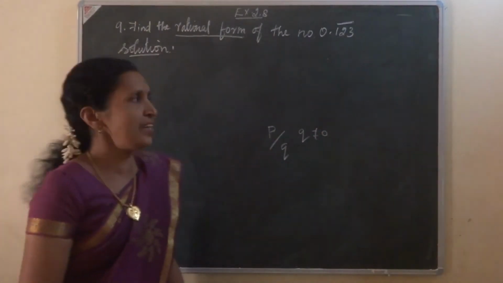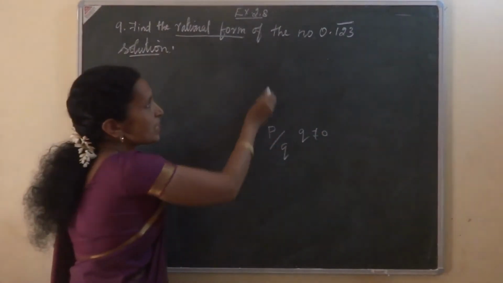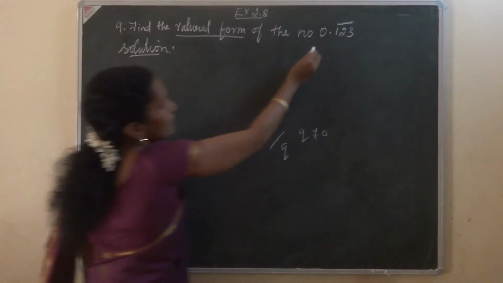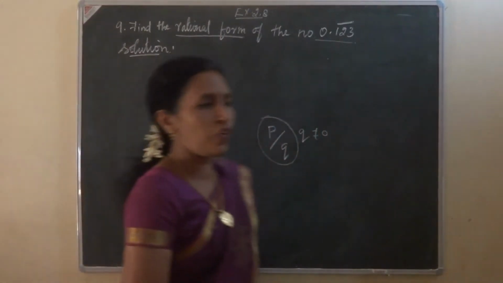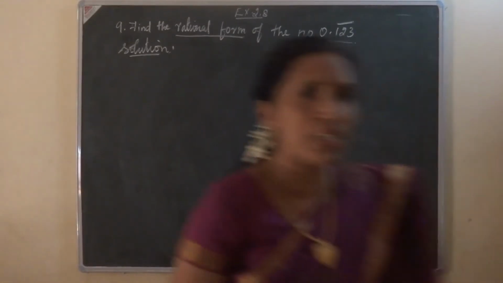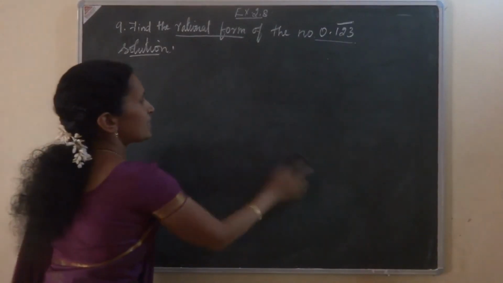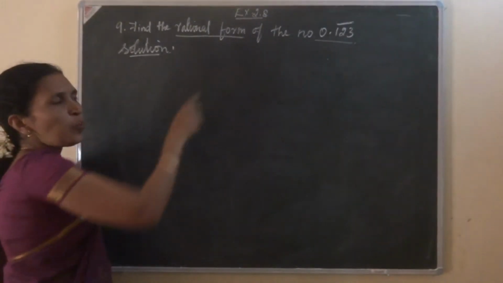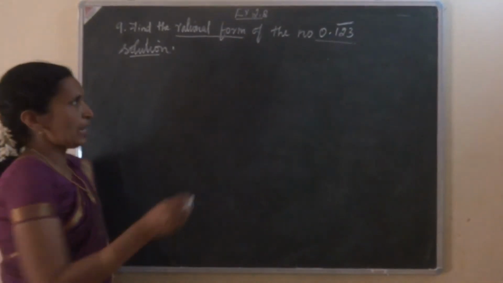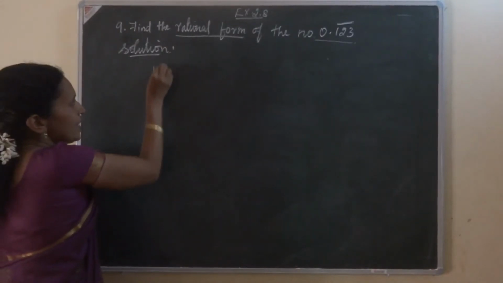We learned, right? So, you have to change this number into this form, P by Q form, Q is not equal to 0. Okay? That's all. Now, the given number is 0.123 bar. That one you take x.